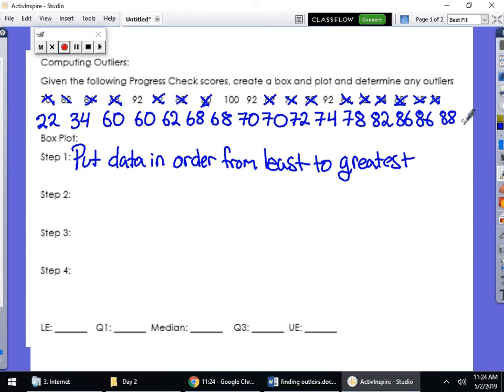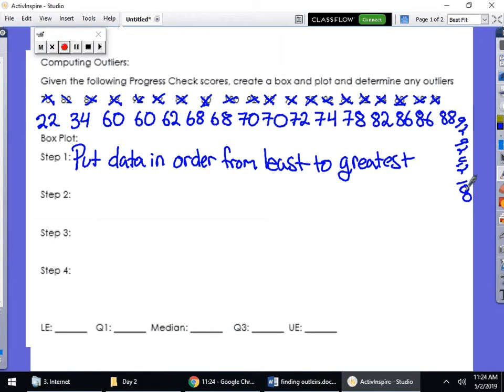Then we have three 92s, I'm running out of room, and then 100. So the data is all in order. And there's 1, 2, 3, 4, 5, 6, 7, 8, 9, 10, 11, 12, 13, 14, 15, 16, 17, 18, 19, 20. So we have all 20 numbers.